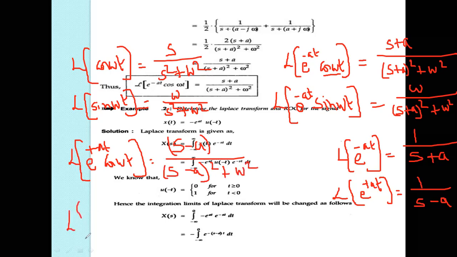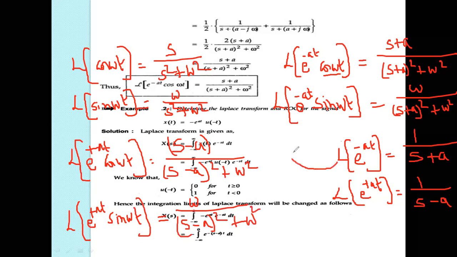In a similar fashion, the Laplace transformation of e power plus at sine omega t is equal to omega by (s minus a) whole square plus omega square. Got it, my dear students?